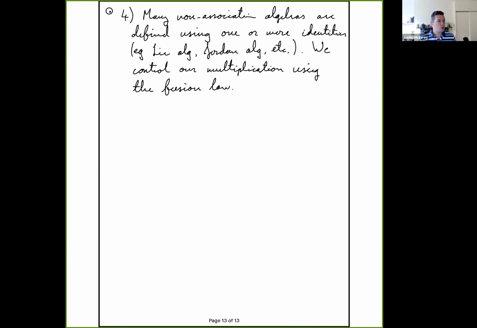Okay, so having given you the definition, I think we should see some examples. And my first example is the Griess algebra. So I think I said this in my motivation. Well, it is an example. It's not a terribly useful example for you and I, maybe, because I can't write it down easily.